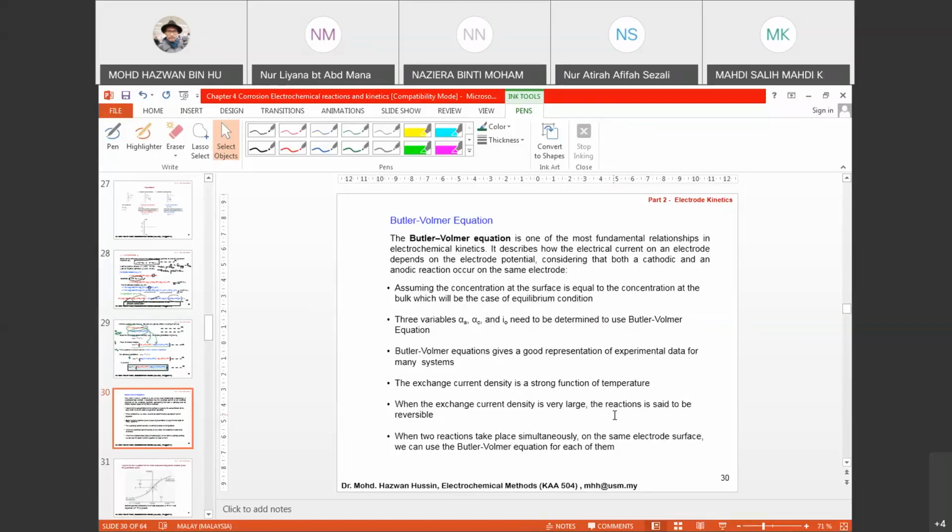Three variables, alpha A, alpha C, and I naught, need to be determined to use Butler Volmer. The Butler Volmer equation gives a good representation of experimental data for many systems. The exchange current density is a strong function of temperature, and when the exchange current density is large, the reaction is said to be reversible. When two reactions take place simultaneously on the same electrode, we can use the Butler Volmer equation for each of them.